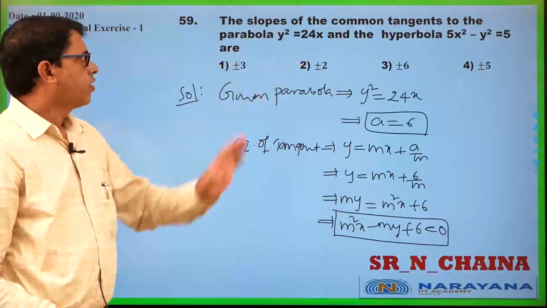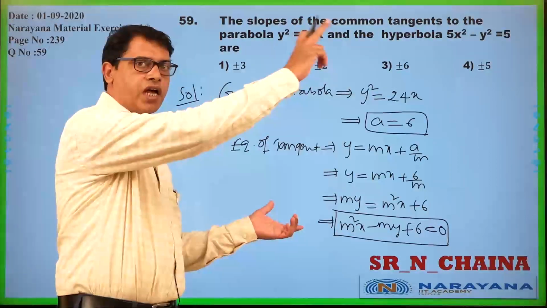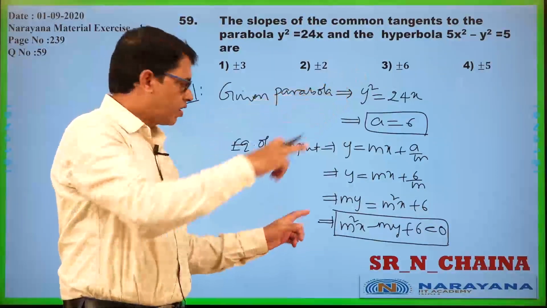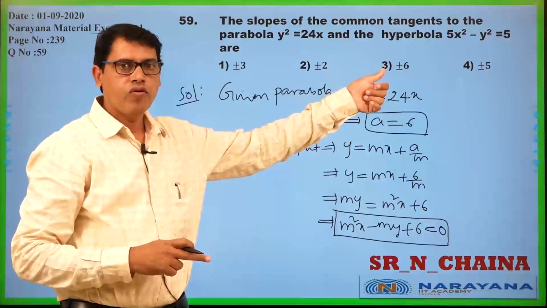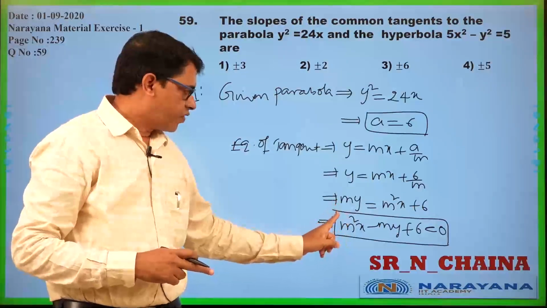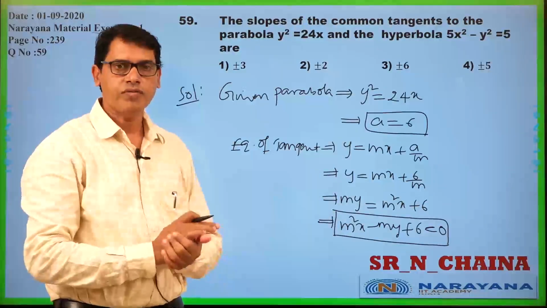Now, this line is also a tangent to the hyperbola. Now, recall the standard form. If the line is a tangent to the hyperbola, then what is the formula?